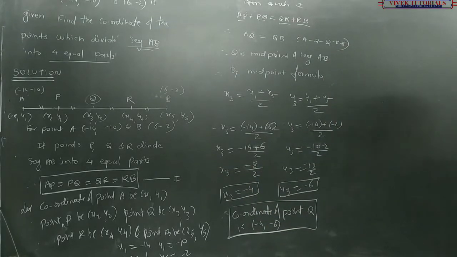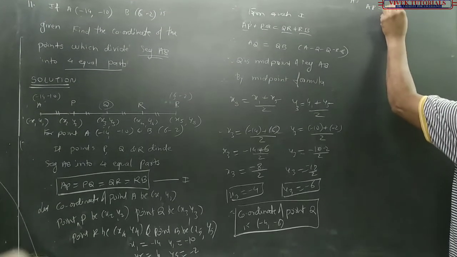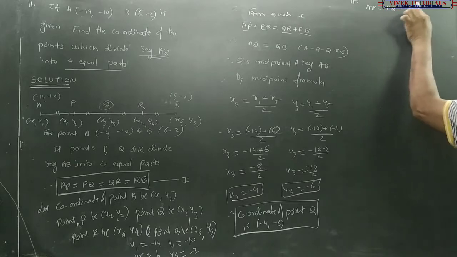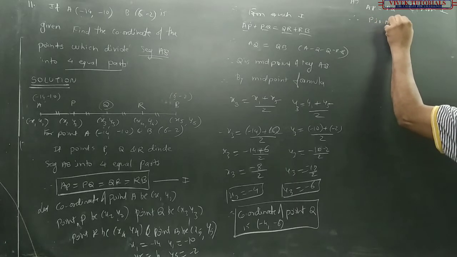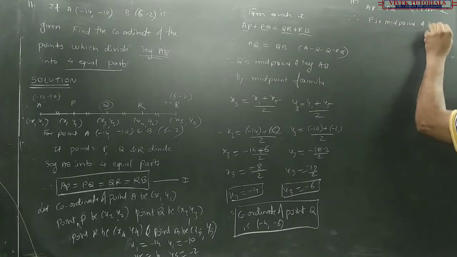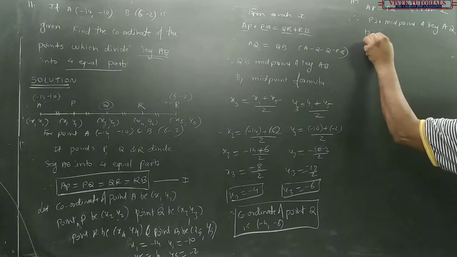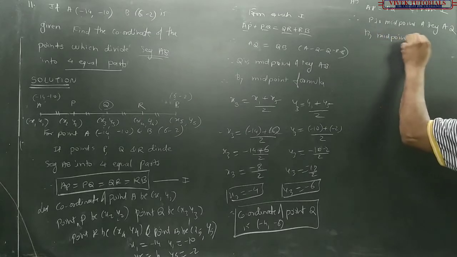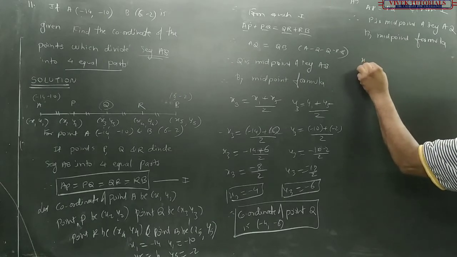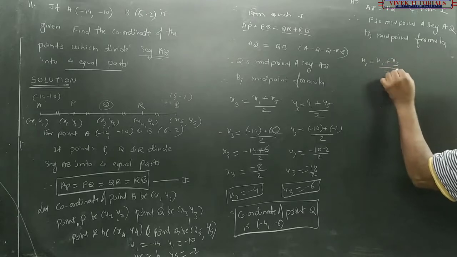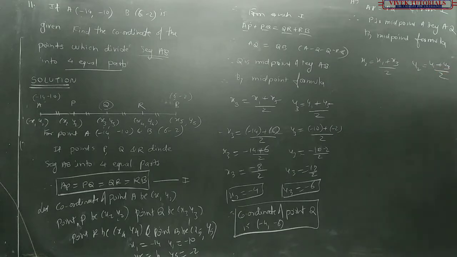Okay, in the same way we can write AP is equal to PQ. It is from equation 1. Therefore, P is the midpoint of segment AQ. Therefore, by midpoint formula, x2 is equal to x1 plus x3 upon 2 and y2 is equal to y1 plus y3 upon 2.